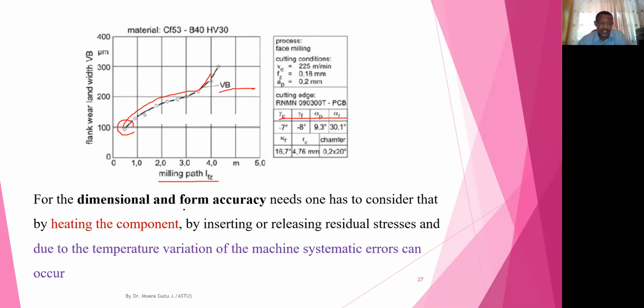For the dimensional and form accuracy needs, one has to consider that by heating the component, by inserting or releasing residual stresses, and due to the temperature variation of the machine, systematic errors can occur. So this means you can heat the workpiece material before hard milling also.